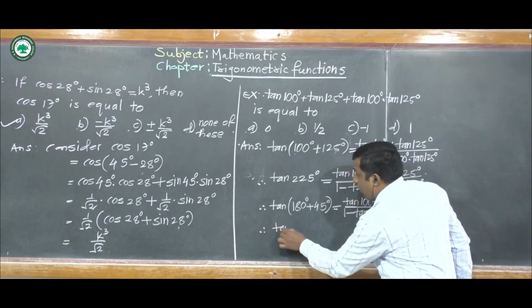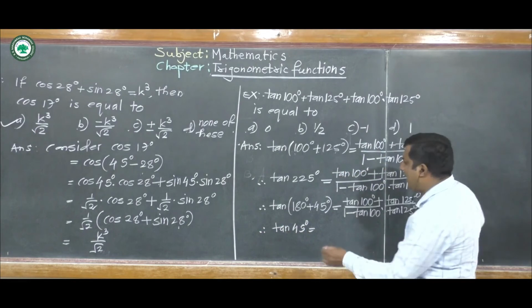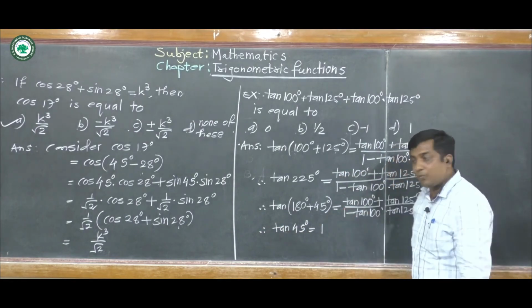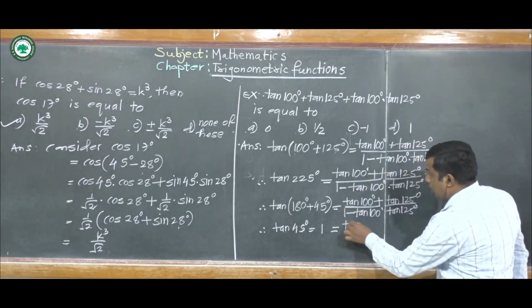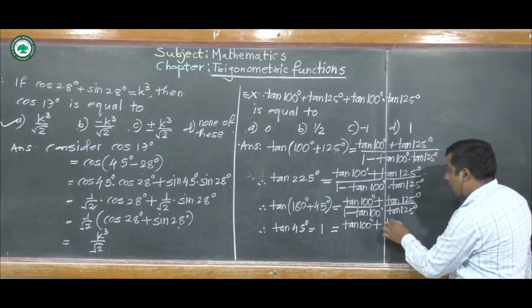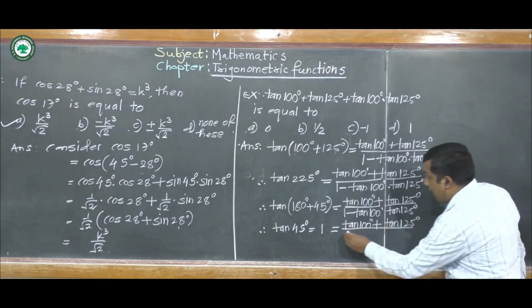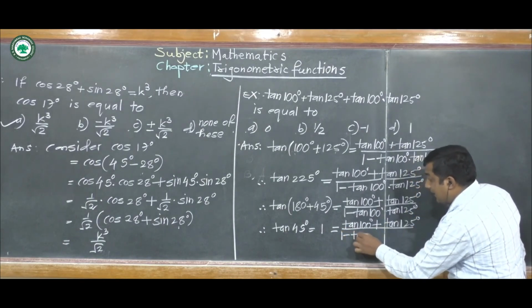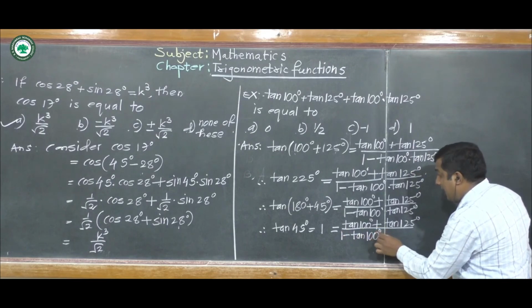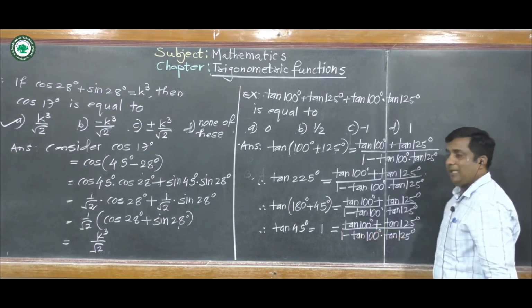So tan of 45 degrees, we know tan 45 degrees is 1. So 1 is equal to tan of 100 degrees plus tan of 125 degrees, divided by 1 minus tan of 100 degrees into tan of 125 degrees as it is.